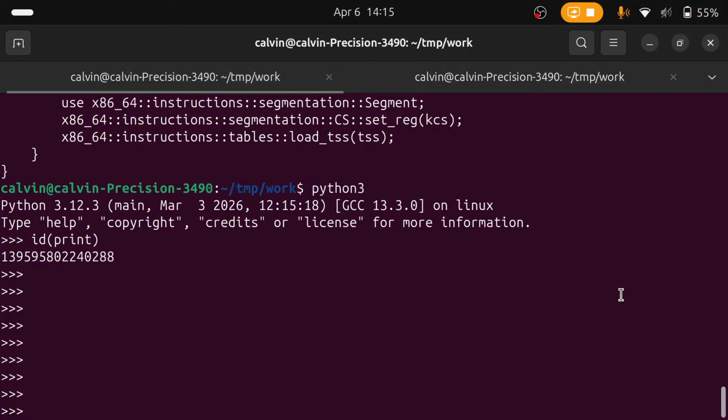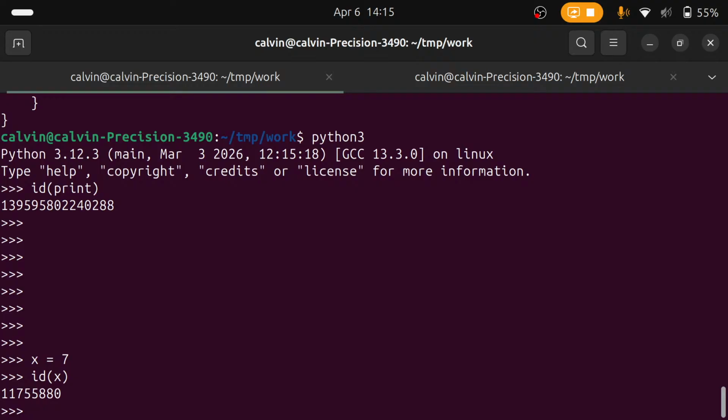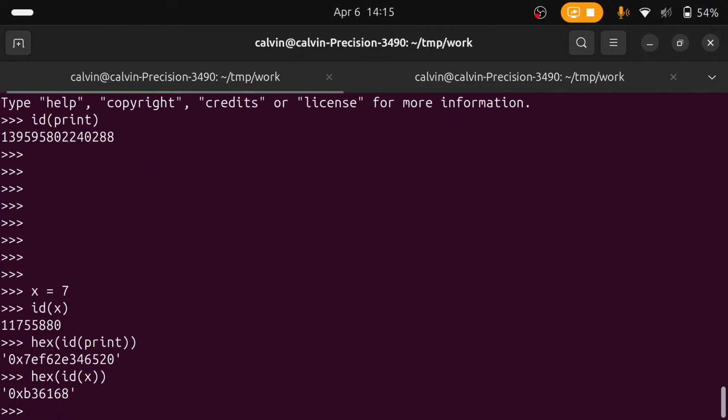Now, what do I think is going on here? Let's do hex ID print, hex ID X. It seems awfully suspicious to me that this is a 12-digit hex value and this is a 6-digit hex value. What do I think is happening?